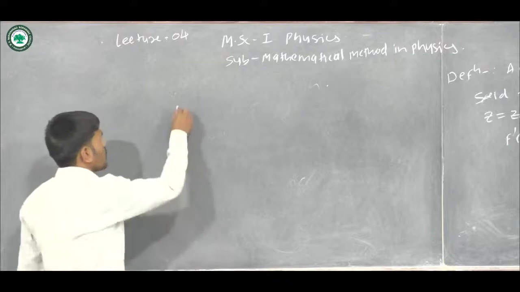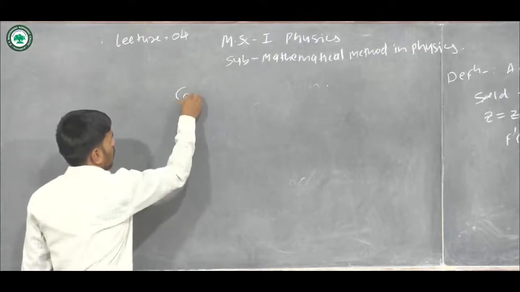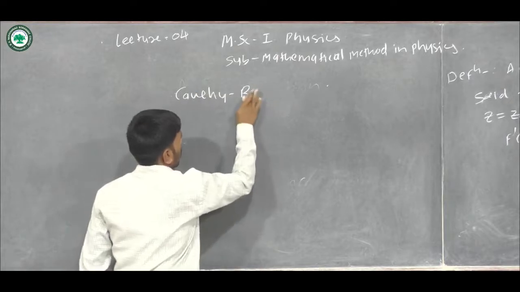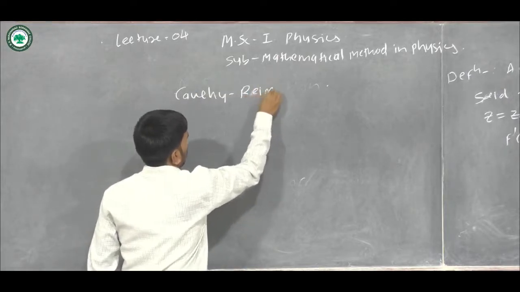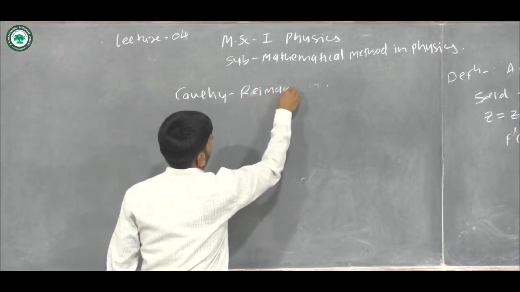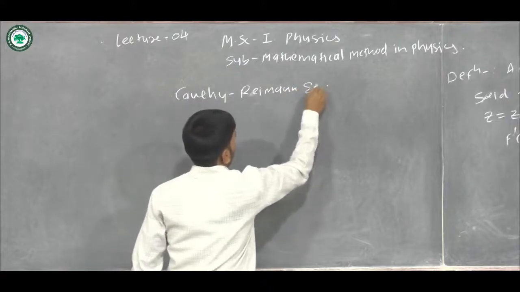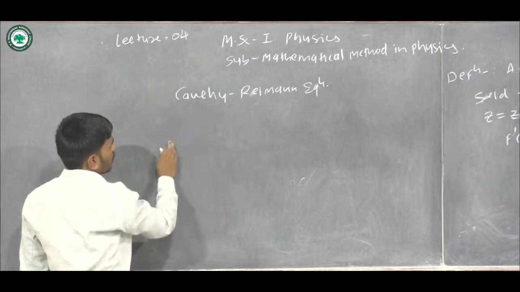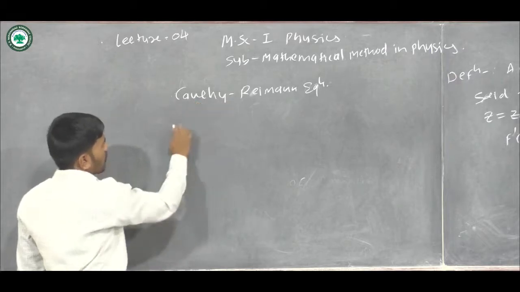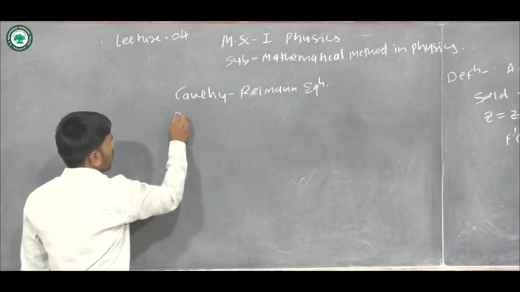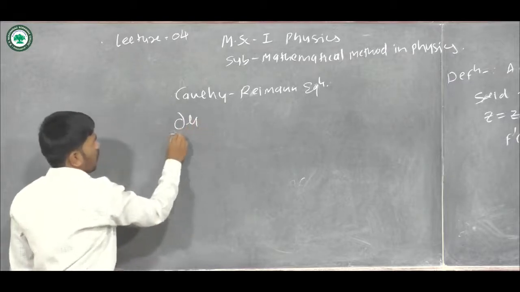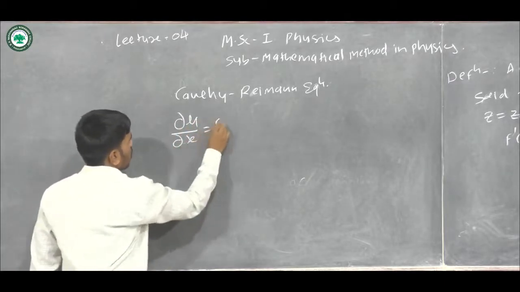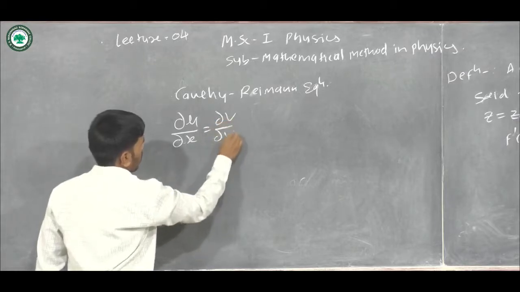By the Cauchy-Riemann equations, we know that dou u by dou x is equal to dou v by dou y.